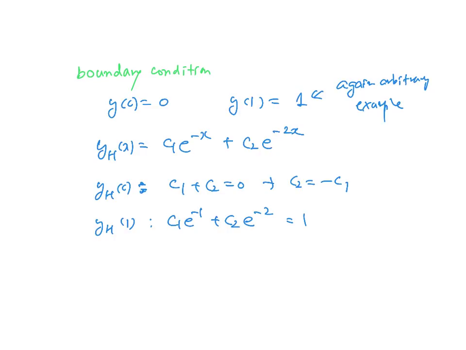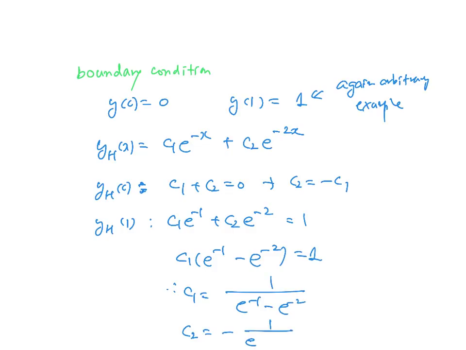So c2 is minus c1, so c1 times exponential minus 1 minus exponential minus 2 is 1. So c1 is 1 over e^-1 minus e^-2, and c2 is minus 1 over e^-1 minus e^-2.